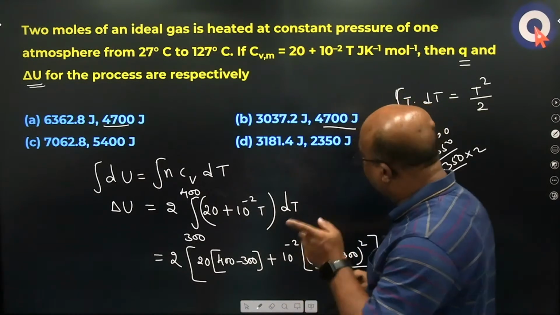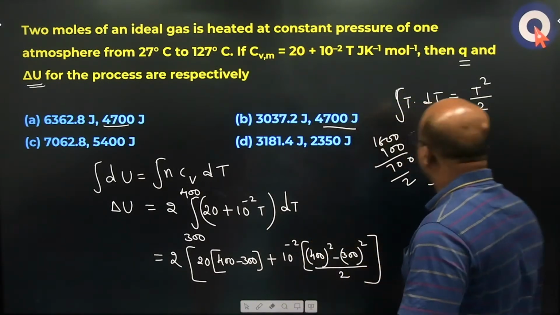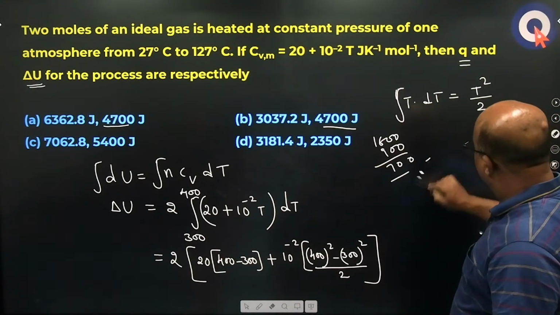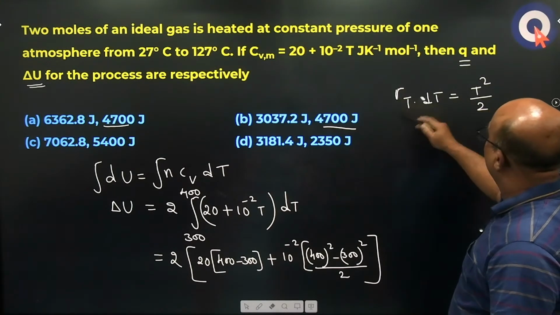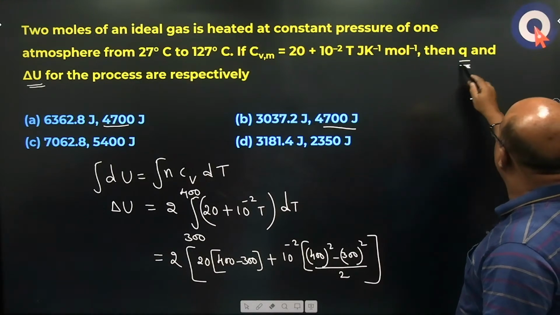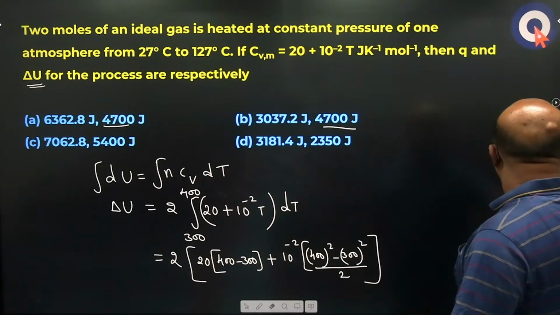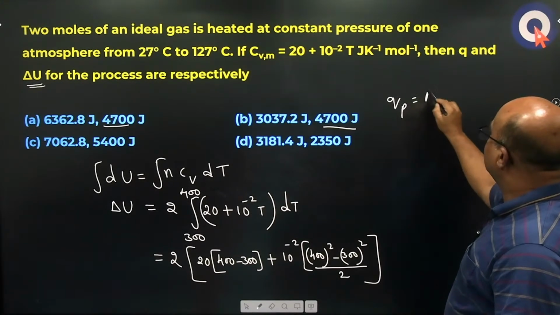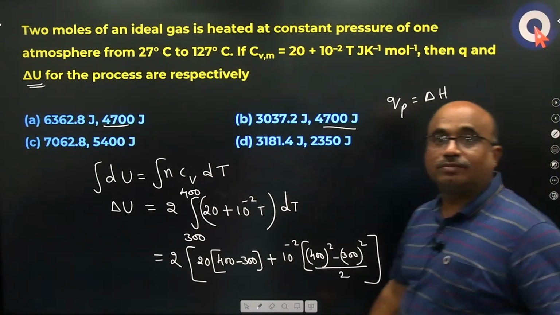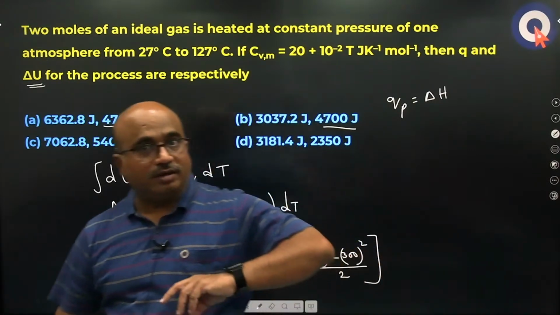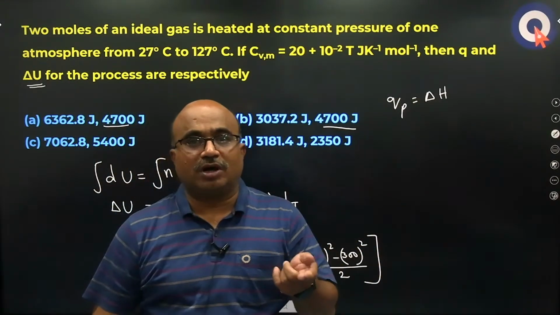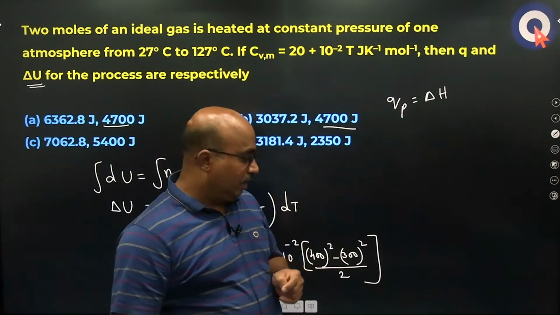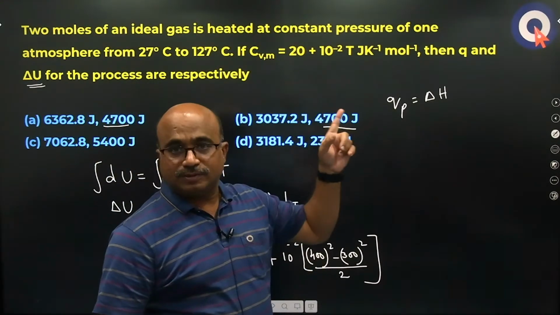So what is the total heat now? Q. The process is what we generally define as constant pressure. This Q_P is nothing but the enthalpy change. The amount of heat entering into the system or leaving the system at constant pressure defines the enthalpy change of the process.